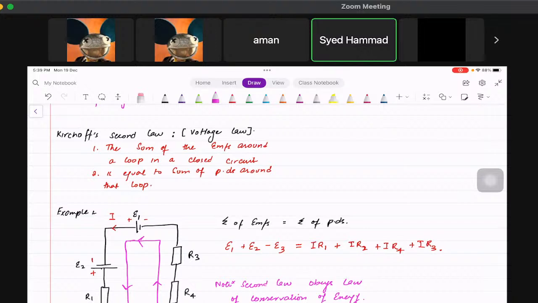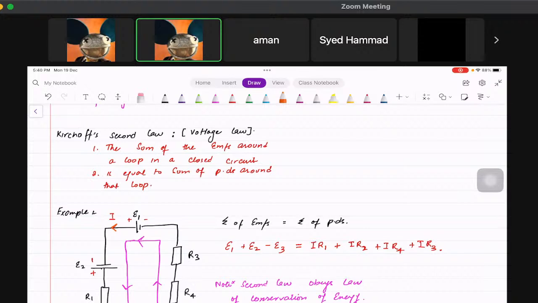Okay. If you run your finger through this point, right, Hamad? You'll see that E1 and E2 are connected exactly how it should be, positive connected to the negative and so on. Or they're in the same way, right? Yeah. So when you reach E3, it is opposite to the direction of current, right?